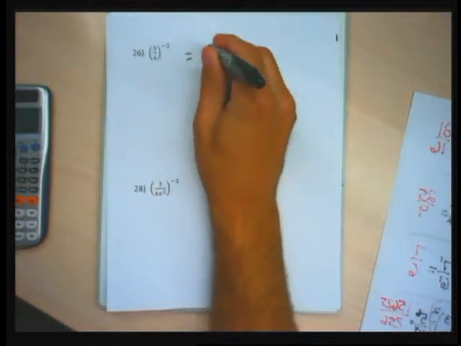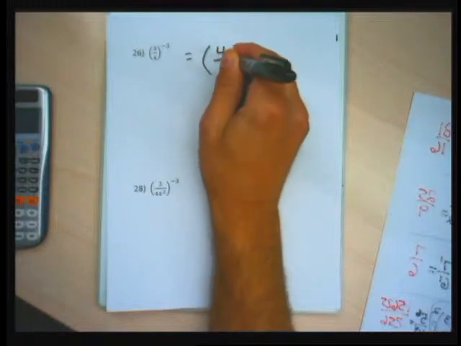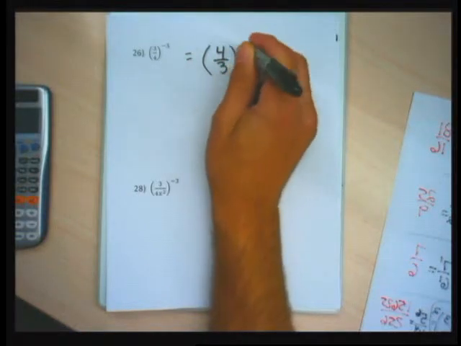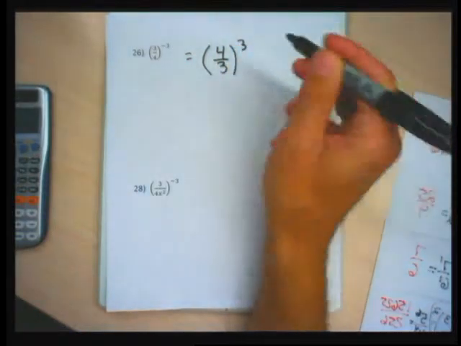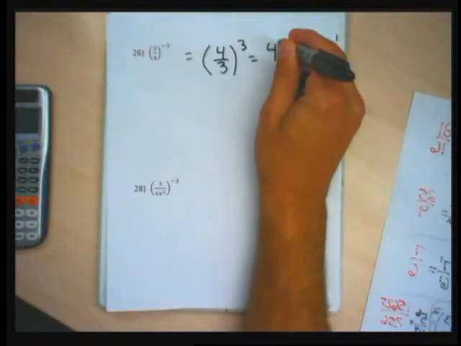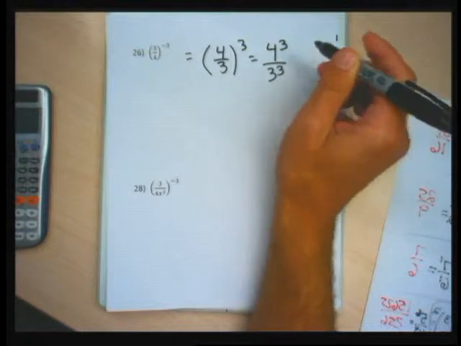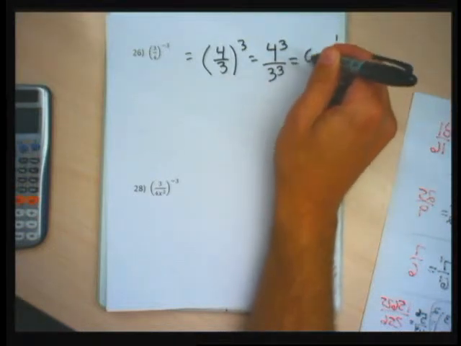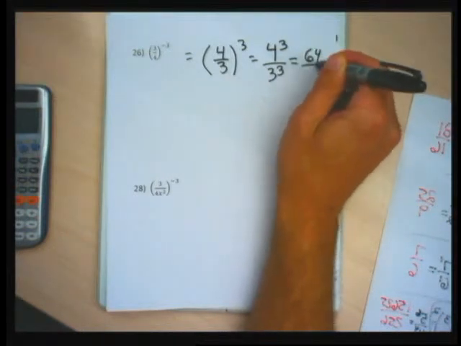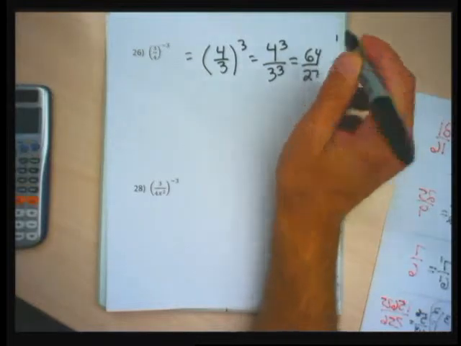But if I didn't have my calculator, I'd write this as 4 over 3 to the 3rd power. And then I'd get 4 to the 3rd power over 3 to the 3rd power. I know that 4 to the 3rd power is 64. I have that memorized. And 3 to the 3rd power is 27.